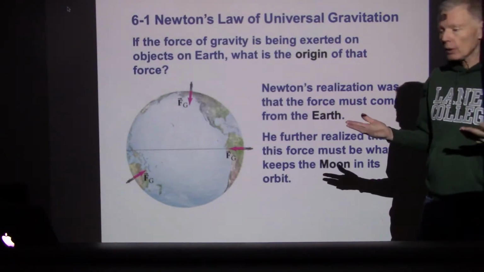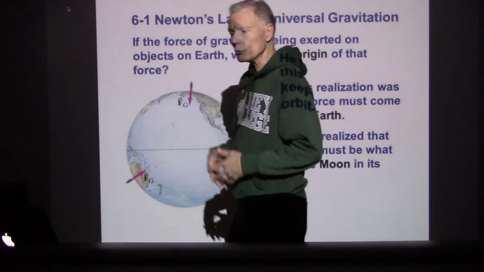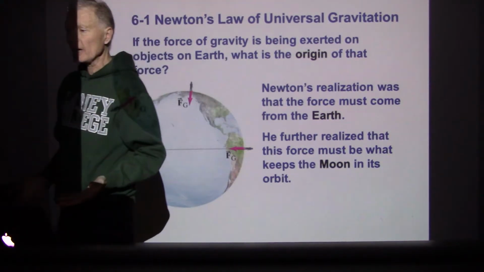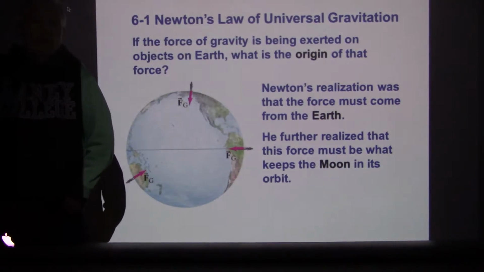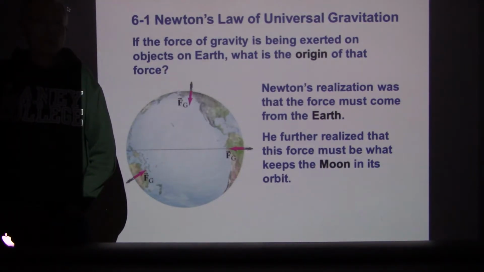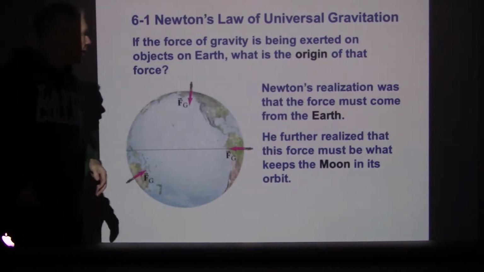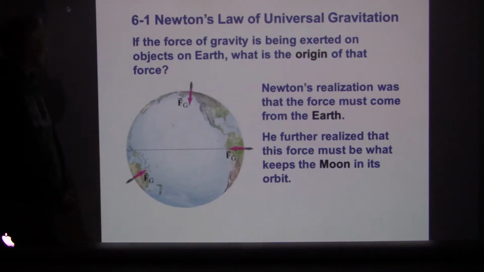So we're going to be using a formula of gravity that Newton developed, and it works great except under extreme conditions. And we know where those extreme conditions are, so we can be careful and make sure that we're using Newton's laws of gravity in situations where it's going to work very effectively.